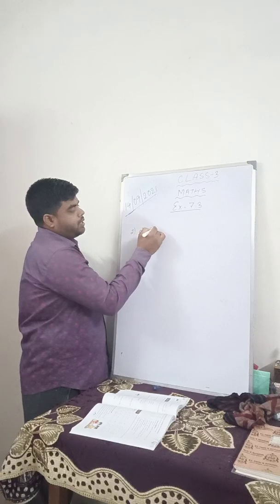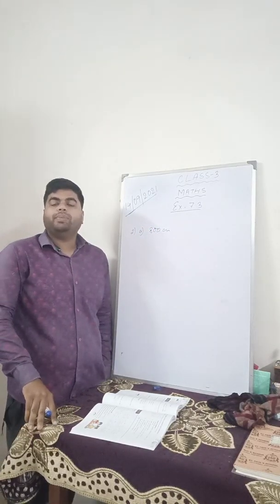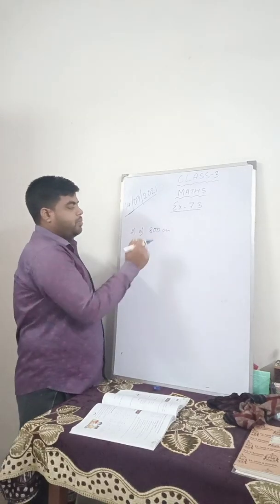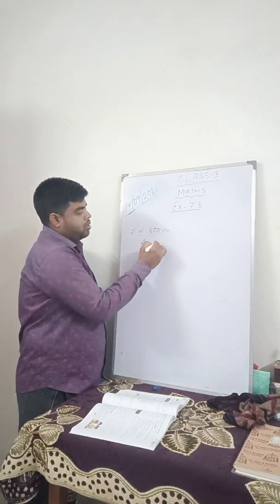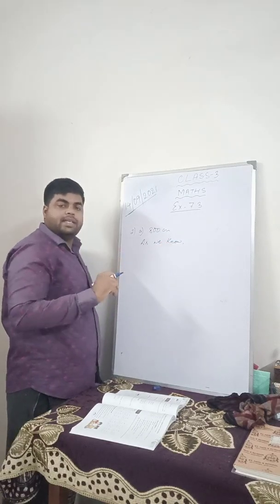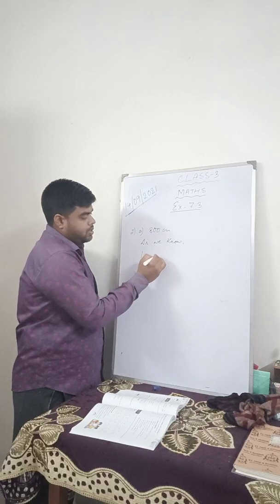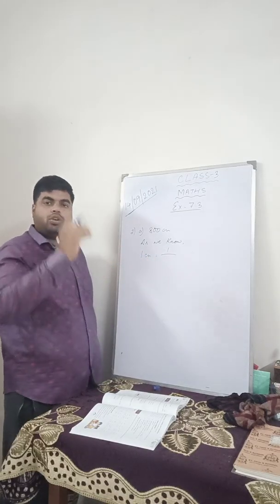They have given you 800 centimeter. They have asked you to convert that into meter and centimeter. So they have given you centimeter. So as we know, centimeter is smaller than meter. So 1 centimeter is equal to 1 by, because from small to big you have to divide.